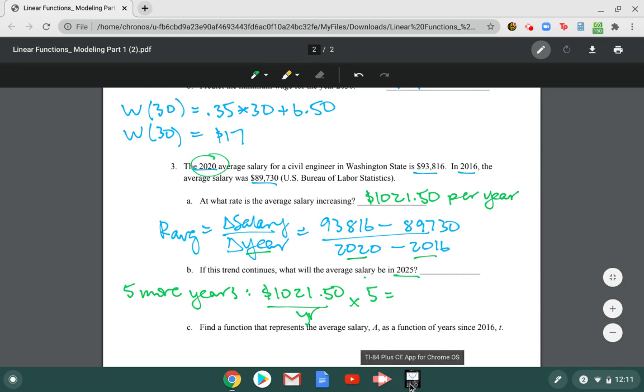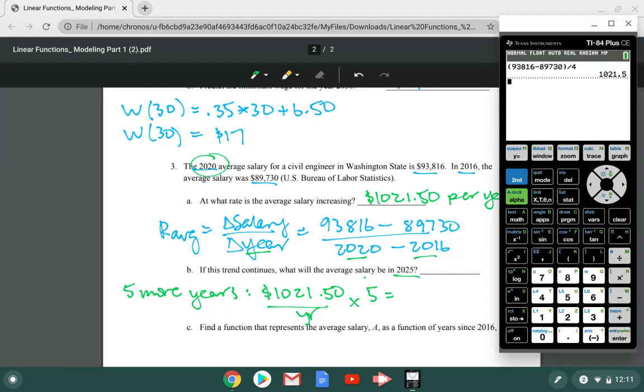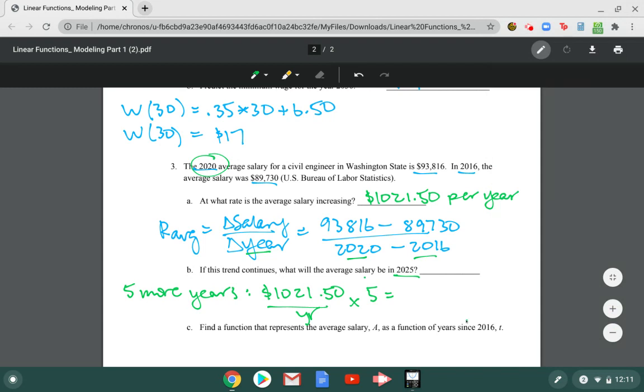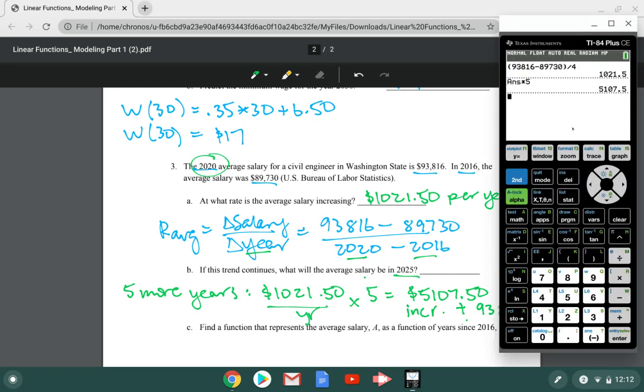Grab my calculator. The answer's already there. I'm just going to go times 5 equals, and I get 5,107.50. That's going to be my increase. So I need to add this to my 2020 salary, 93,816, since I was doing 5 more years since 2020.